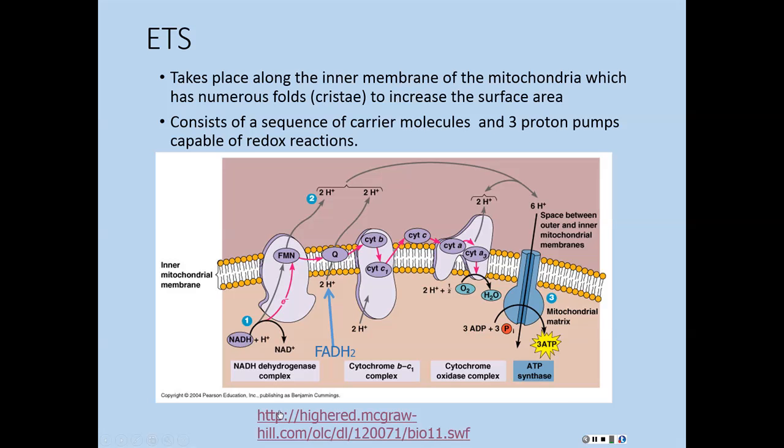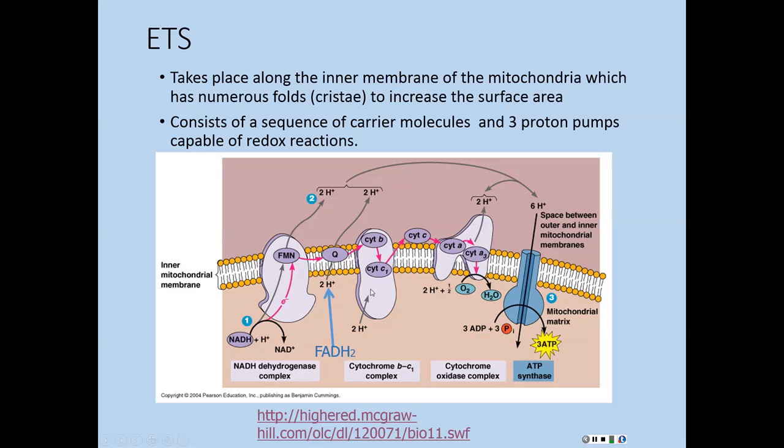I do not ask you to label all of these little carriers: the FMN, the Q, the cytochrome B, C prime or C1, the cytochrome C, A, and A3. I don't ask you to label those. Usually they're not labeled at all, and I don't ask you to know the specific ones.